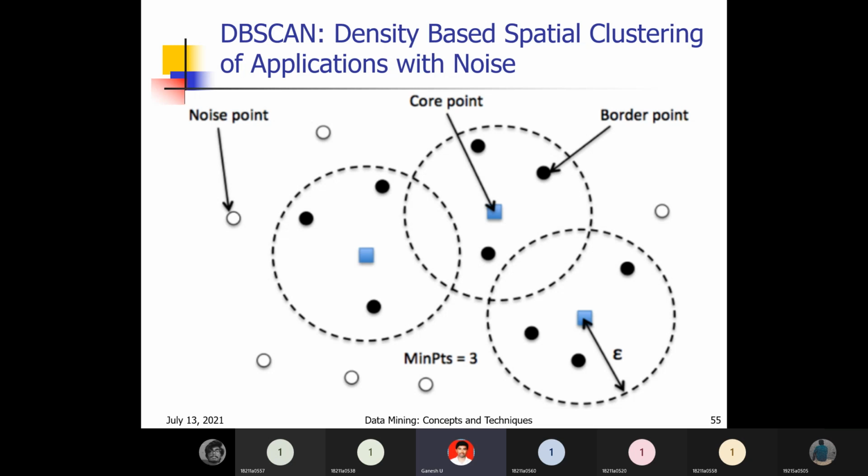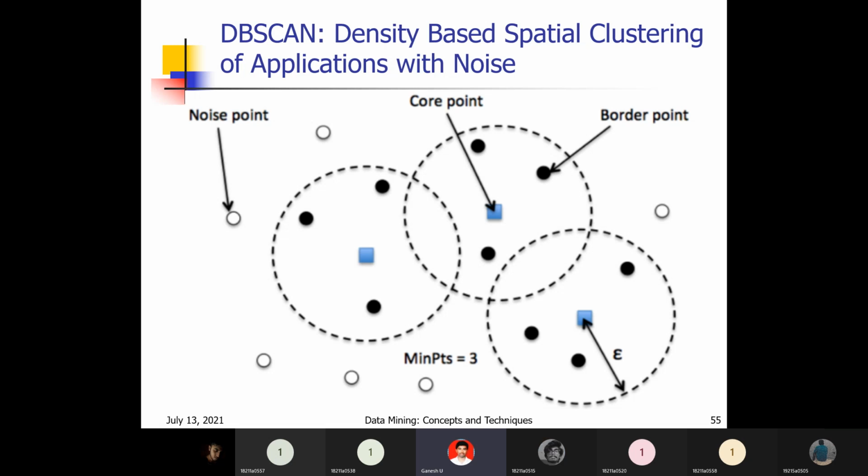Okay. Then we will see what is meant by core point, border point, and noise point. In the figure, the blue squares represent the core points. You can observe 3 blue squares there. Those 3 blue squares are the core points.